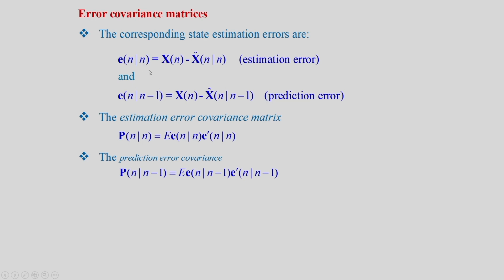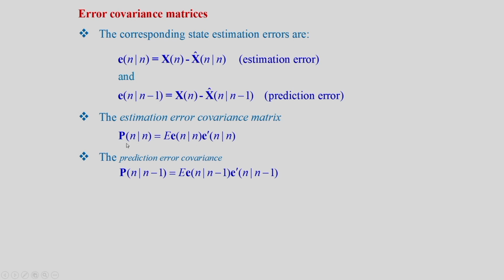Now, we can define the error covariance matrix. In the scalar case, we are interested only in the mean square prediction error, but here we will be considering the error covariance matrix. So, P of n given n is the notation for the estimation error covariance matrix, and it is given by E of e n given n into e n given n transpose, that is, the estimation error vector into the estimation error vector transpose.